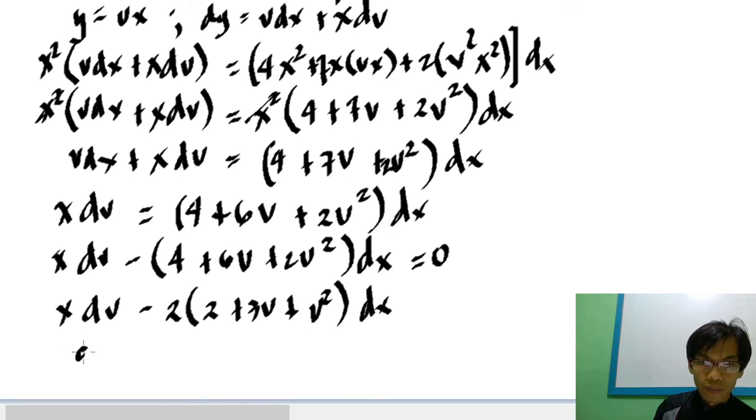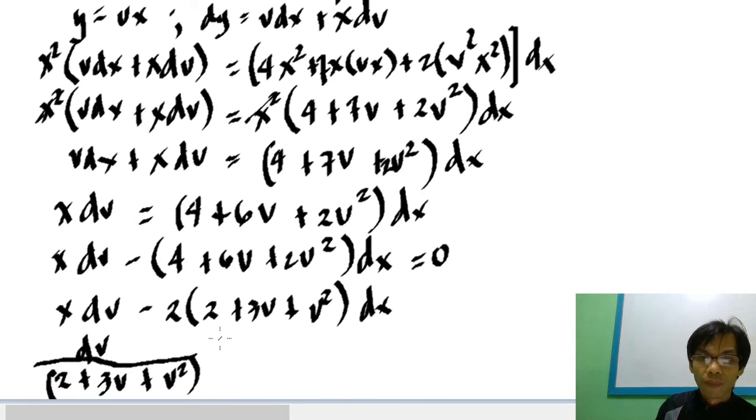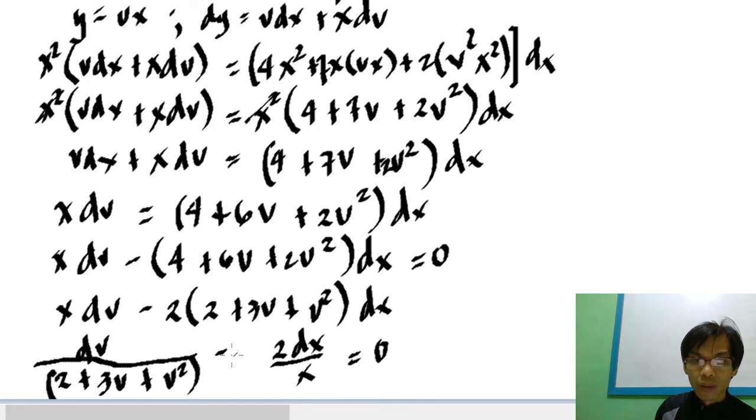So we have dv over 2 plus 3v plus v squared, minus 2 dx over x is equal to 0, by dividing on both sides by x times (2 plus 3v plus v squared).